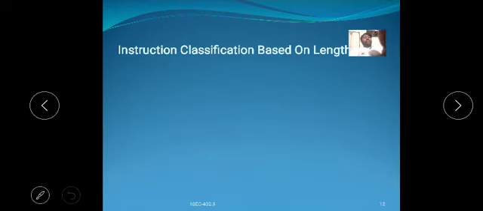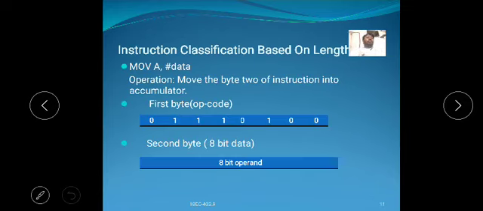Here we have one example. MOV A, #data. This is the instruction.